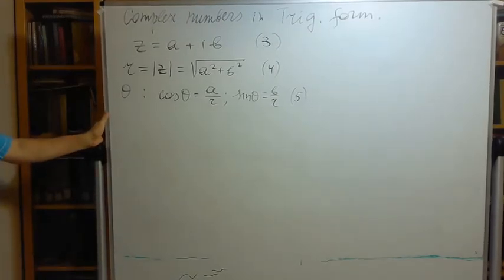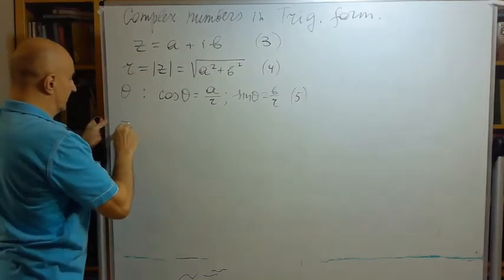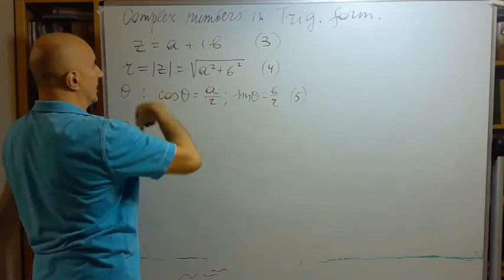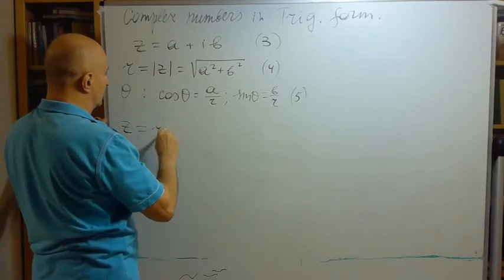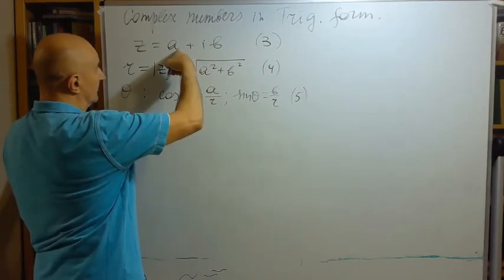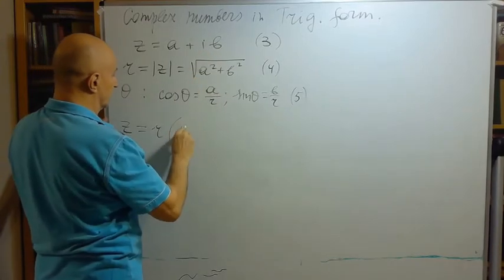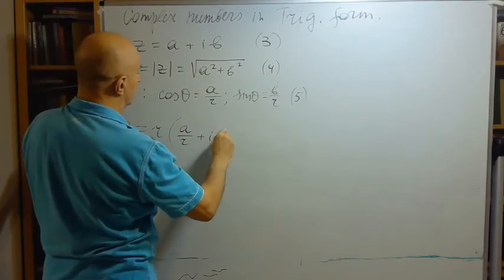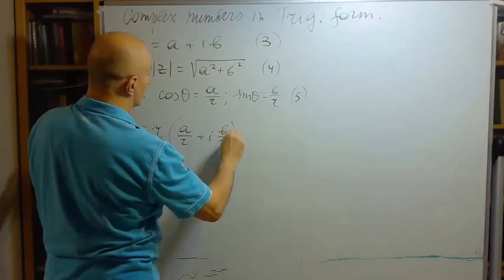Now I will rewrite the number z in a slightly different form. I will say z equals, I factor out r from here and r from here. So what's left? a over r plus i b over r.